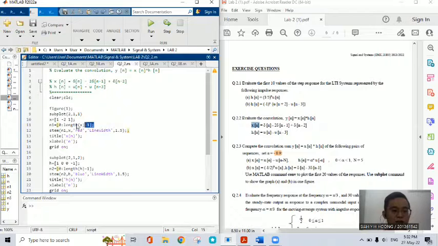After that, we have to set the time instants for the discrete signal graph, starting from 0 to length(x) minus 1. We might be confused about what length(x) is. This function helps us determine how many data points we have in our x, or our input signal.